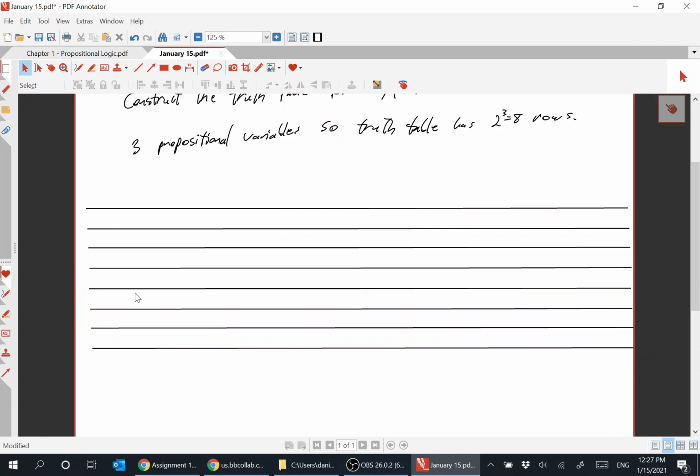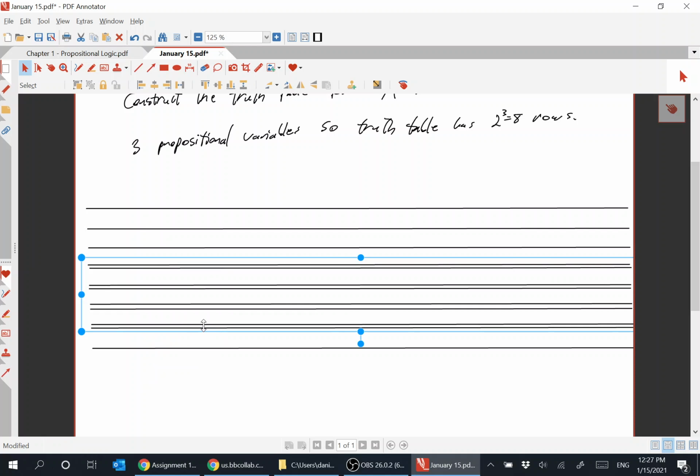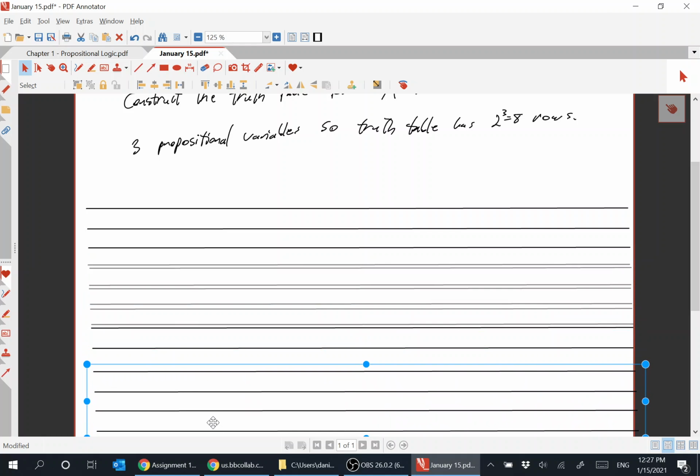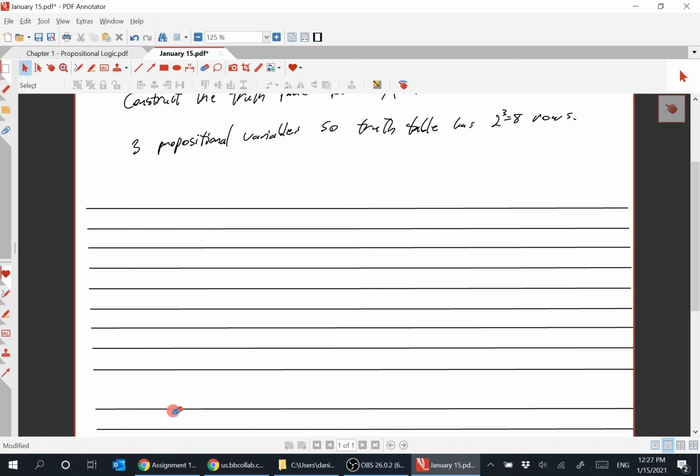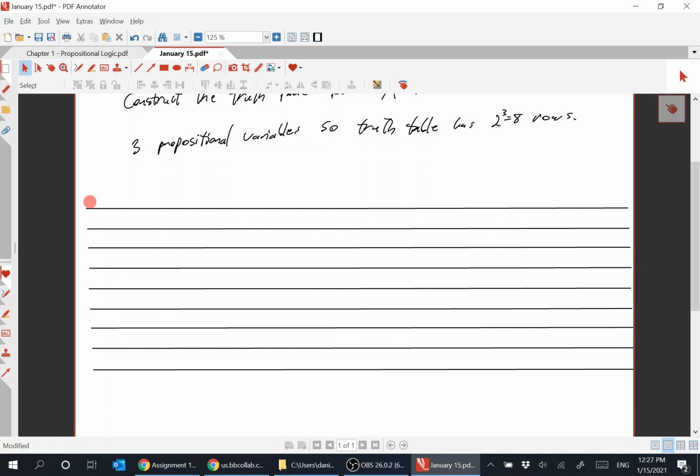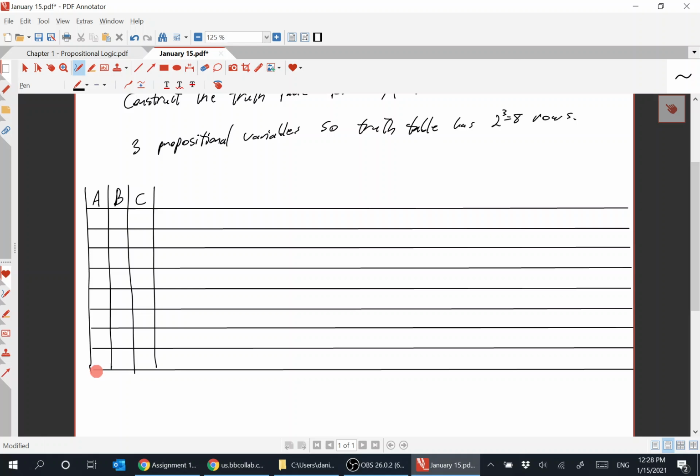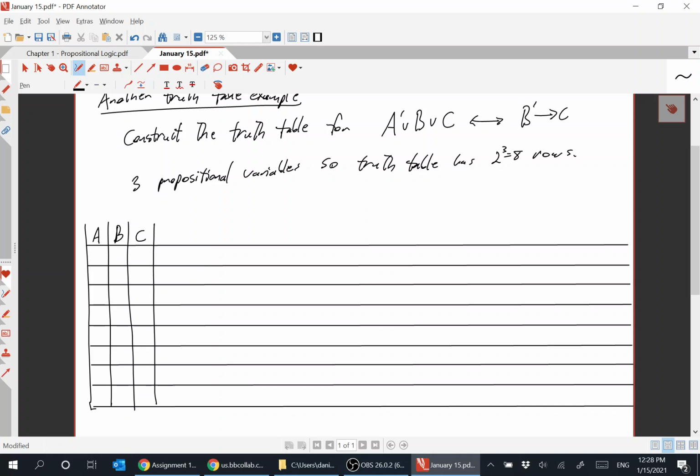So we need 8 rows, and the three propositional variables are A, B, C. First, we want to write down all possible truth value combinations for A, B, and C. That can be accomplished by taking the first column and going 4 true, 4 false.